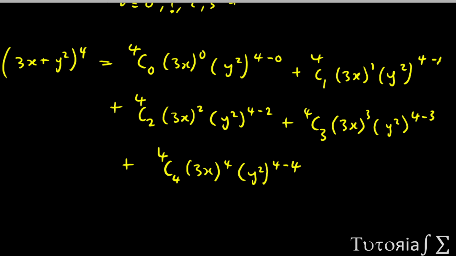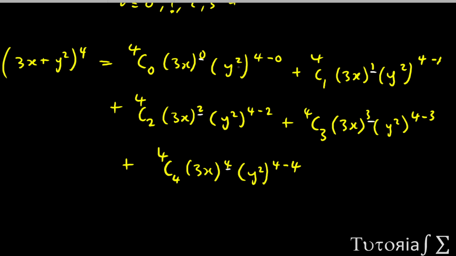Okay, so now Madam Joanne, this is where the reduction of powers and increasing of powers is coming from. You see, on this first part we have 0, 1, 2, 3, and 4.